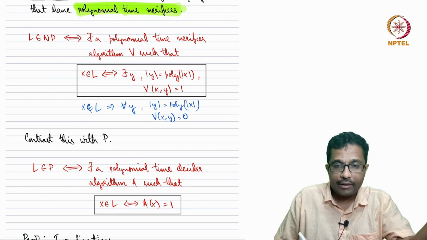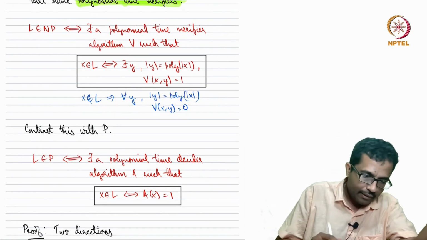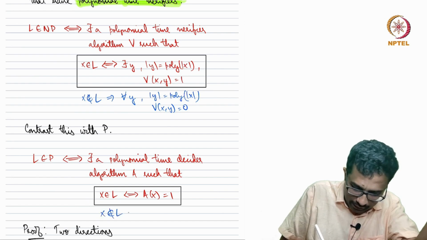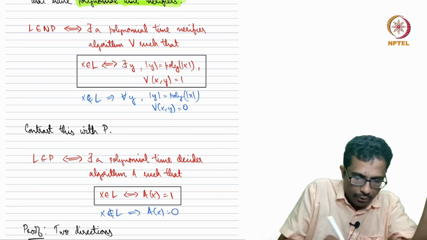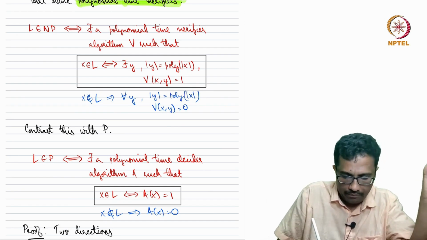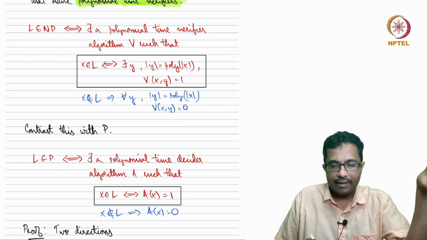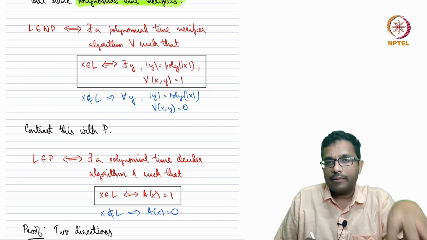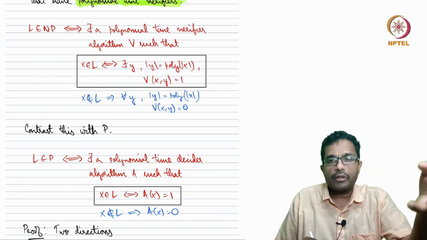If x is not in the language, A(x) will be equal to 0. So maybe I'll just write that also: x not in the language, A(x) equal to 0. Notice this is much simpler because P is a much simpler class to understand. If x is in the language, the decider will accept, and if x is not in the language, the decider will reject.